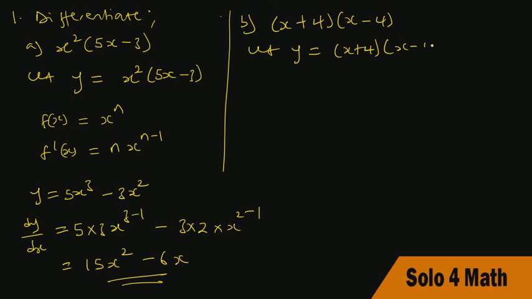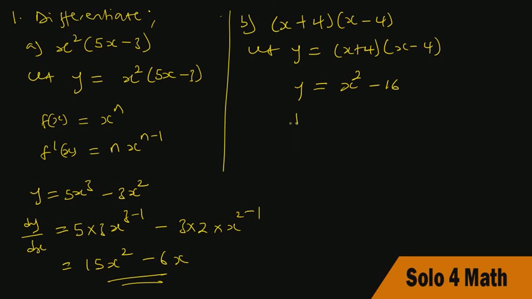If you don't have the y, then there's no way you can say that the derivative is dy dx. So we need to expand this so that you have terms that look like this. I can clearly see that this is a difference of 2 squares, giving me x squared minus 4 squared, which is 16. So I have y as that.